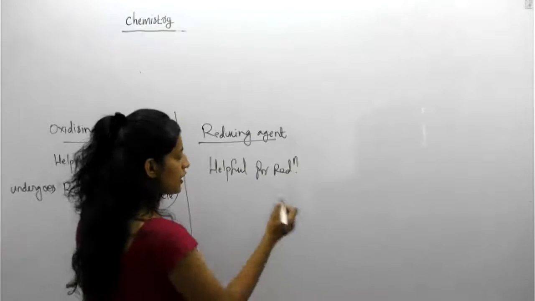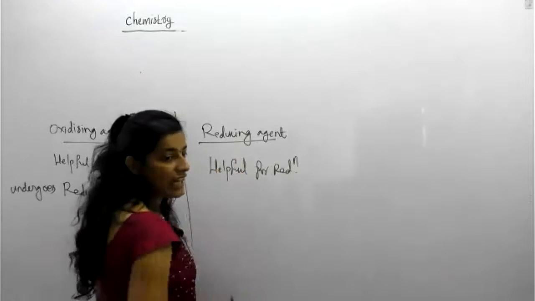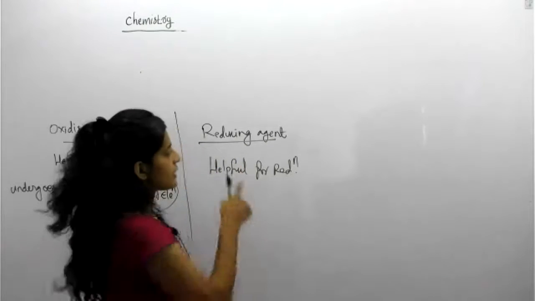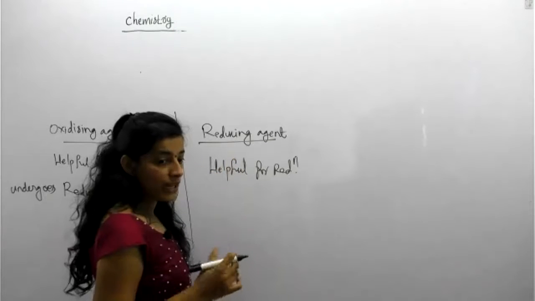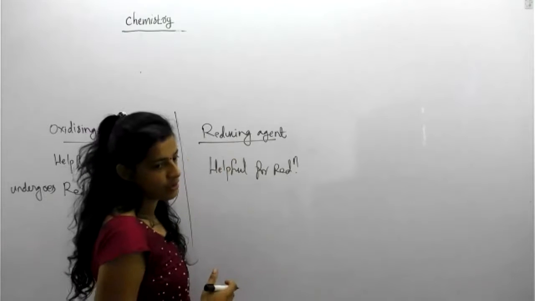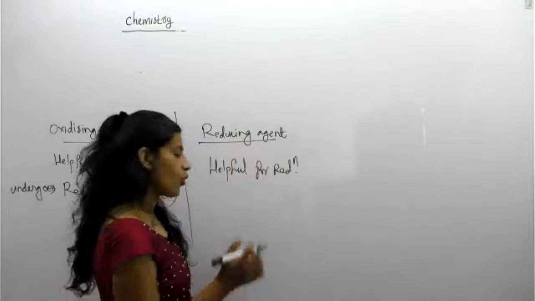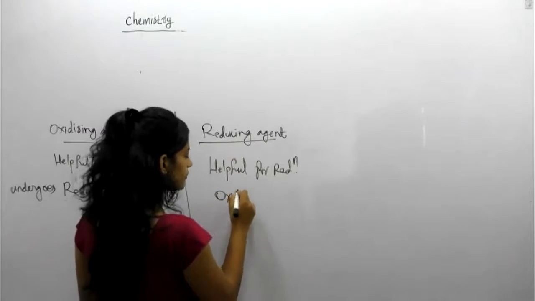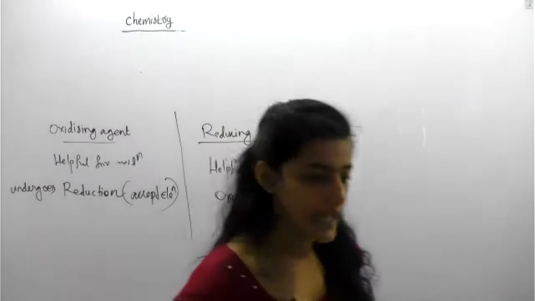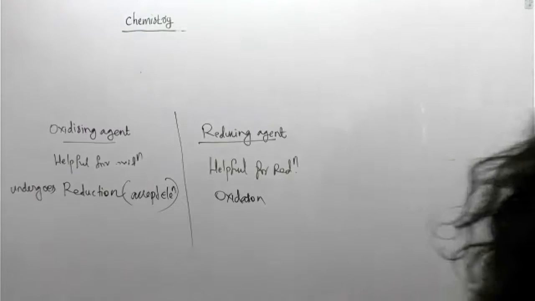Reducing agent is helpful for reduction. So does the reducing agent undergo oxidation or reduction? Oxidation. Okay, this much is enough, students, otherwise it becomes more complicated for you. In my point of view, this much is enough.